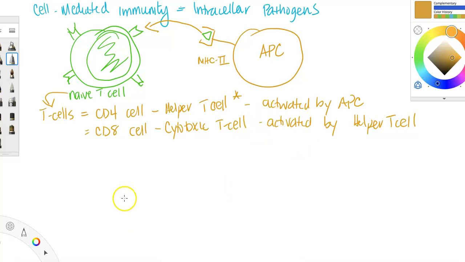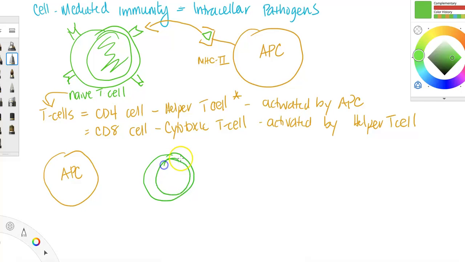Okay, so if we have an APC, a presenting cell, and over here we have a CD4 cell. So this is going to be a helper T cell.